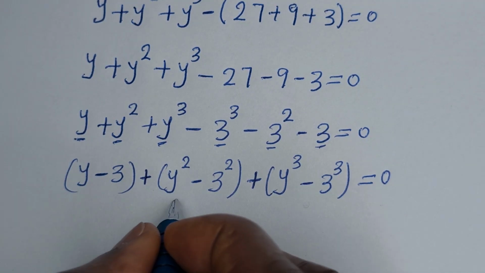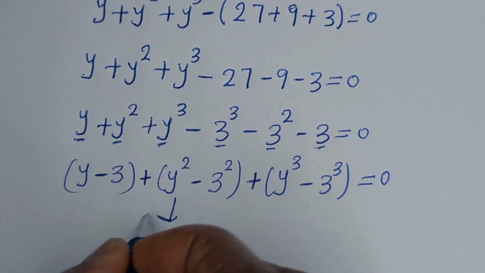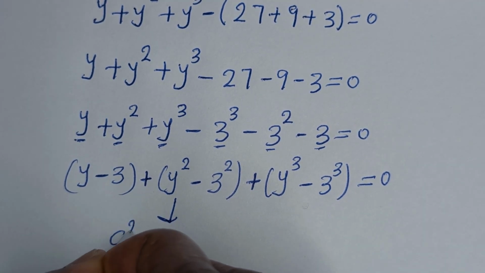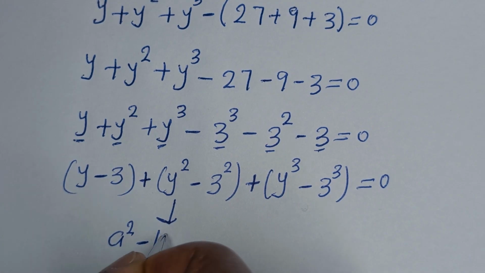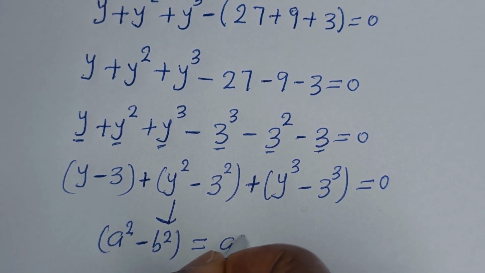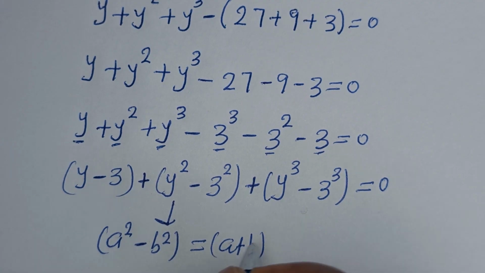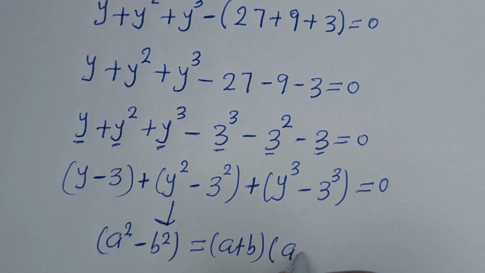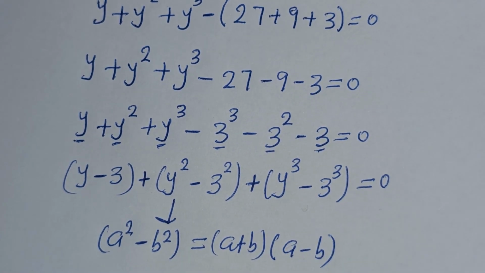Let's note that from here, if you have a square minus b square, this is equal to a plus b bracket a minus b.